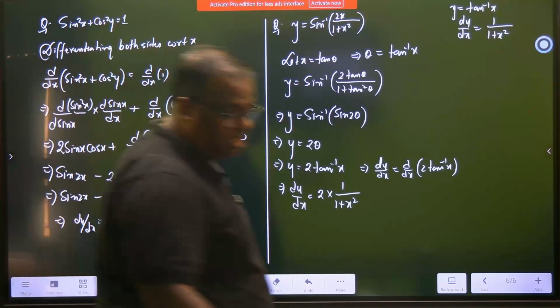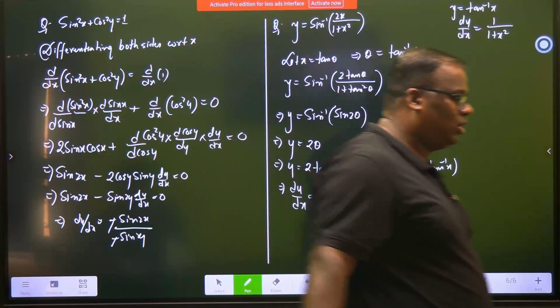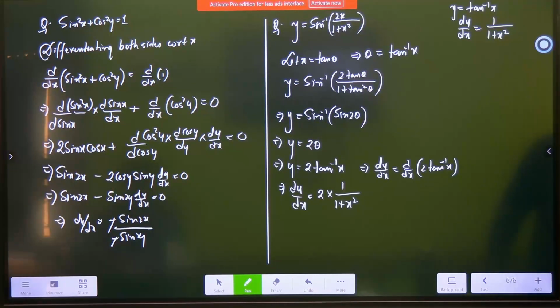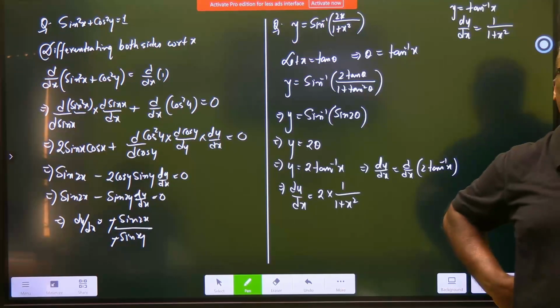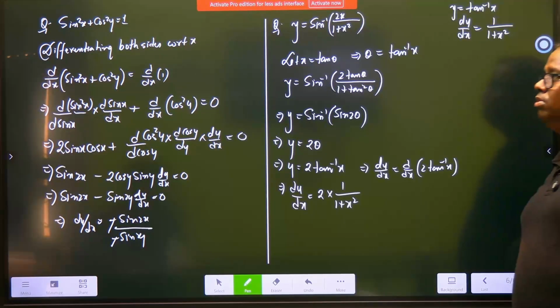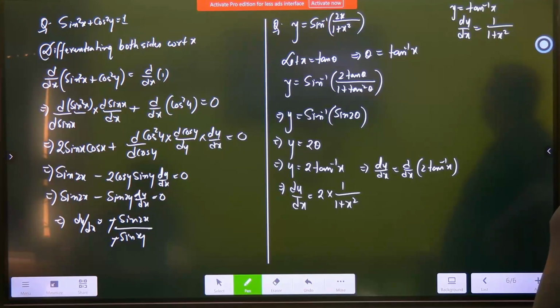Before our next class, you can go to any AI or any book and do a lot of implicit functions today. In our next class we will carry out problems of inverse differentiation. After that, we will have logarithmic differentiation, and then the chapter will end and we will go into application of derivatives.